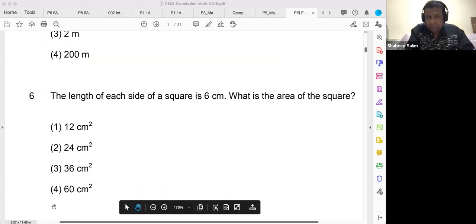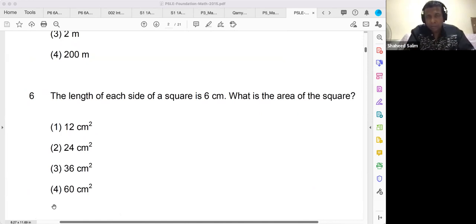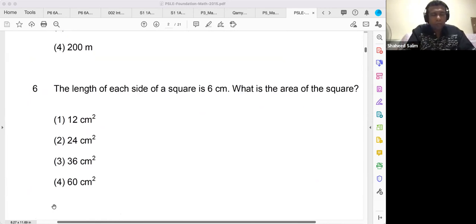But remember, whatever you learn in the other class, you must remember, because once you go to normal academic next year, inshallah, you have to remember all the stuff that was not covered in your foundation. So don't remain in foundation. Never mind this year, but next year, you got to try your best to go to normal academic. You're going to push yourself.